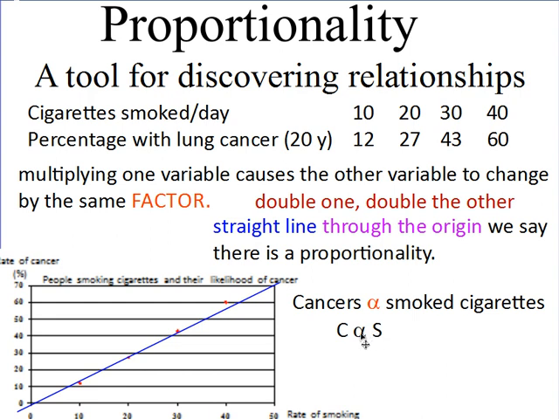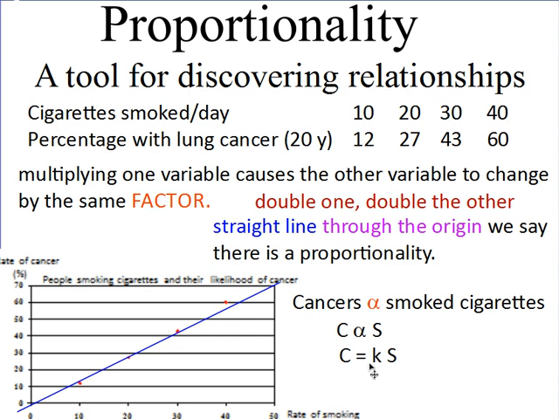If they are proportional, if you can write it as a proportionality, then to get from a proportionality to an equation, you just replace the proportionality symbol by an equals, but you also have to throw in this constant of proportionality. But look at this.